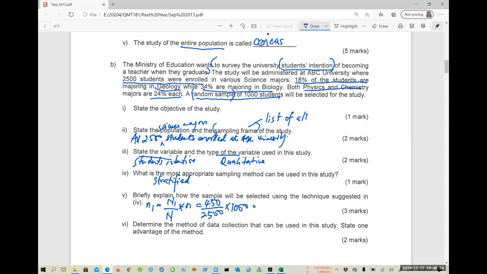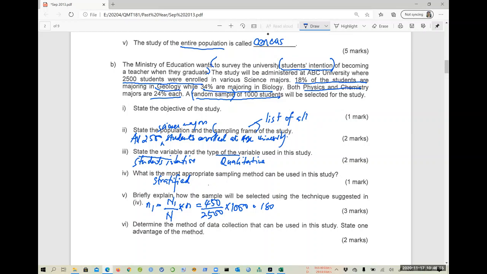So in this case, you're going to get the answer, 180. So for the first one, out of the 450 students, you're going to sample 180 students. And you do this for all the groups.